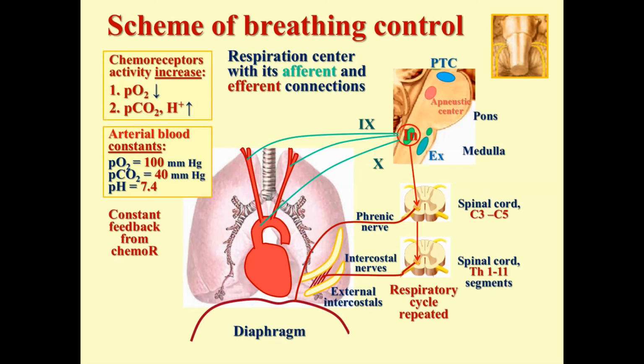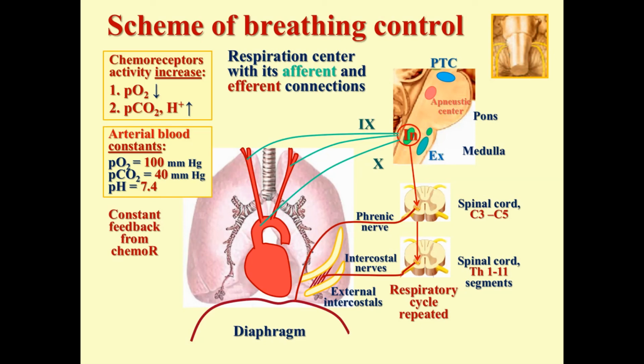But normally these receptors respond to normal constants of arterial blood, and remember that in a healthy person arterial blood constants remain unchanged regardless of inspiration or expiration, and even regardless of the activity of the muscles. Even physical activity may slightly change the pH and CO2, but not the PO2 level.